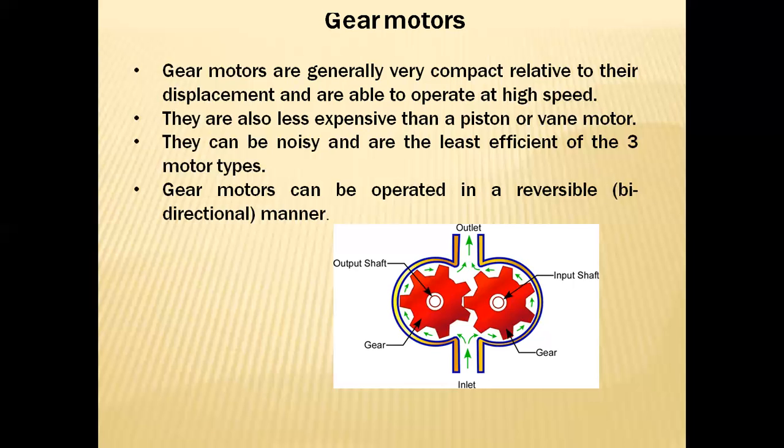Compared to other kinds of motors, gear motors are less expensive, least offensive and create less noise. They are bidirectional, that is, they can rotate in the clockwise direction as well as the counterclockwise direction.